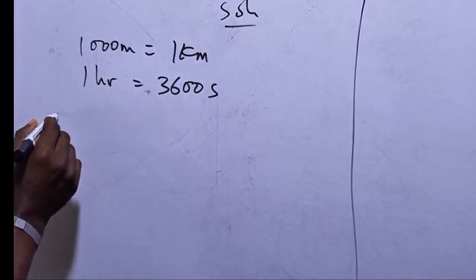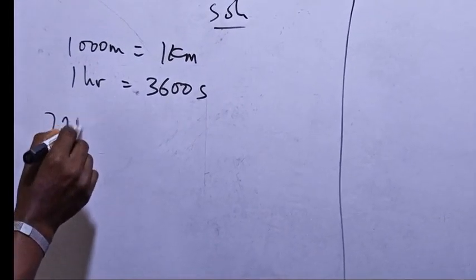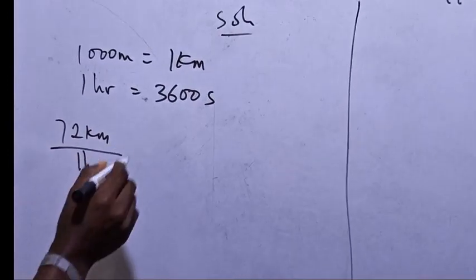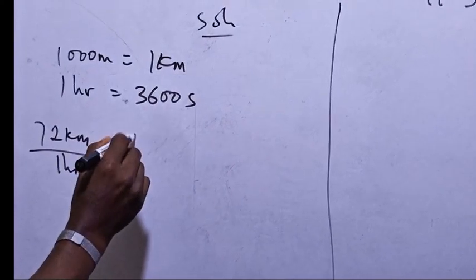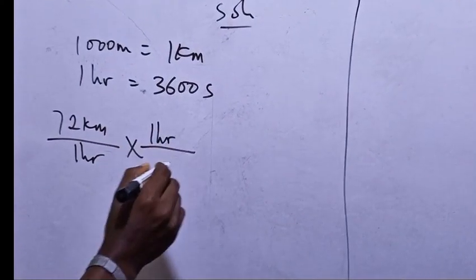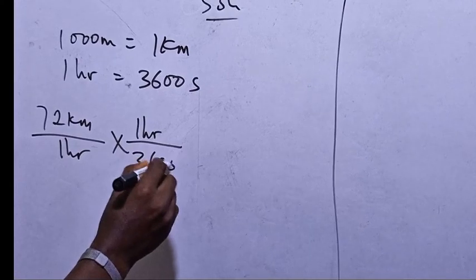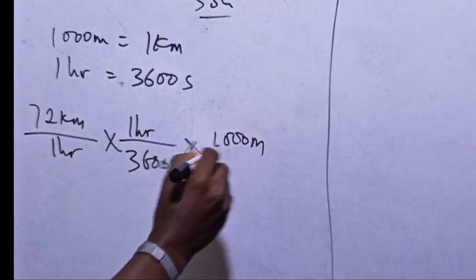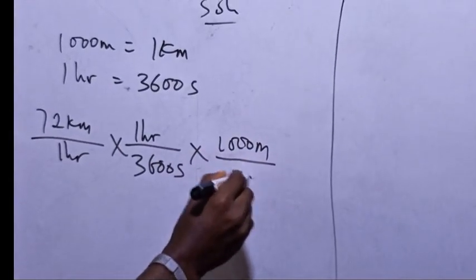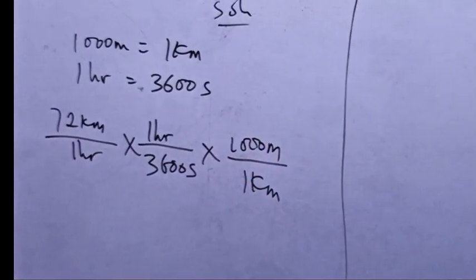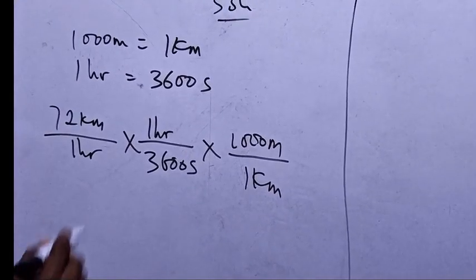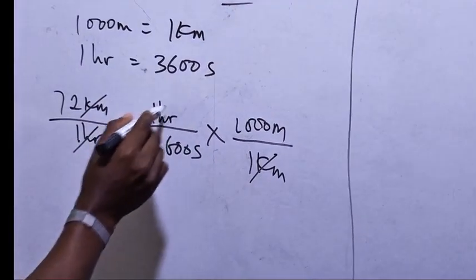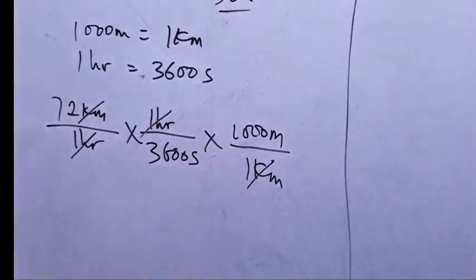So solving this, we have 72 kilometer over 1 hour, divided by 1 hour over 3,600 seconds, multiplied by 1,000 meter equals 1 kilometer. This is just as good as finished. Kilometer will cancel kilometer, hour will cancel hour, and we are left with meter per second.